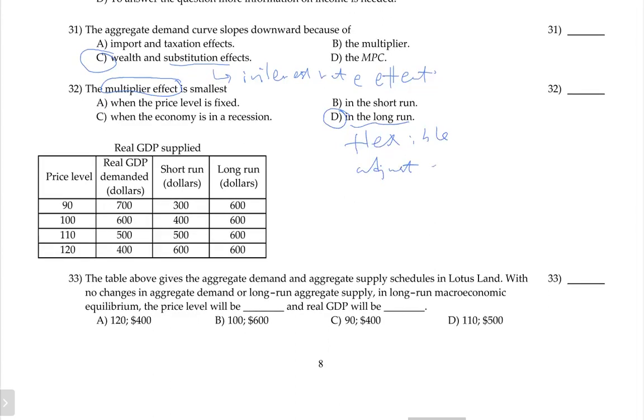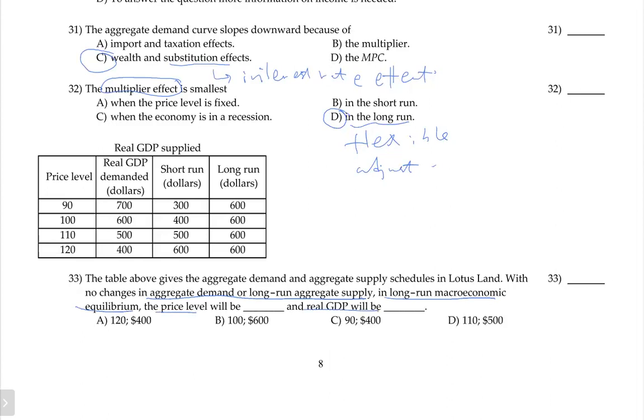Now we go to 33. The table above gives the aggregate demand and aggregate supply schedule in Lotus land with no change in aggregate demand or long-run aggregate supply. In long-run macroeconomic equilibrium, the price will be and the real GDP will be.